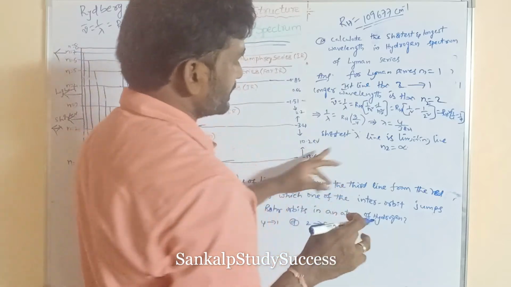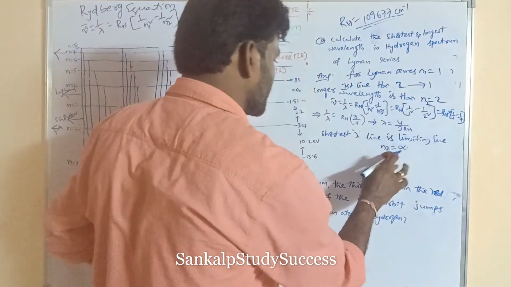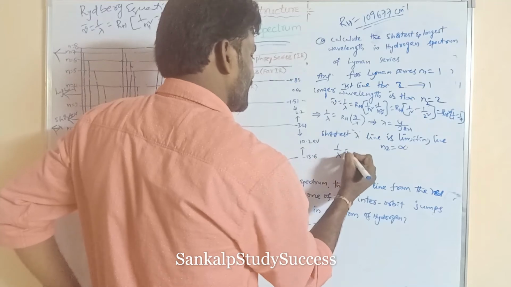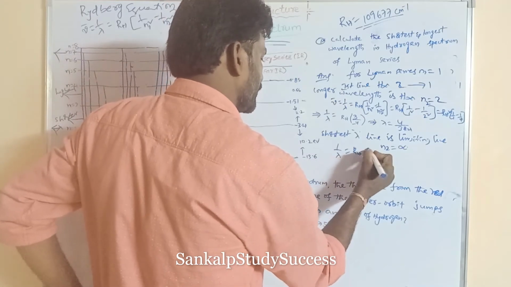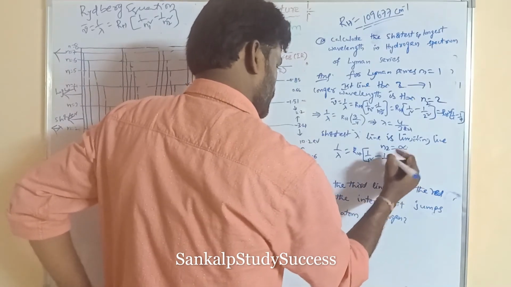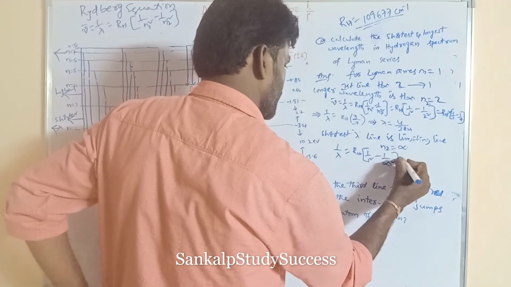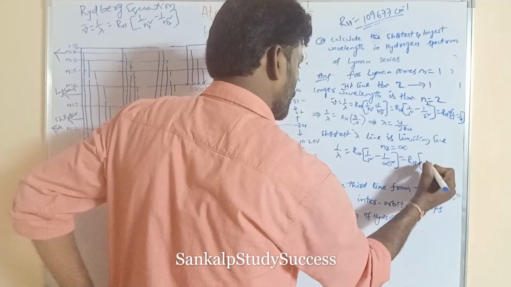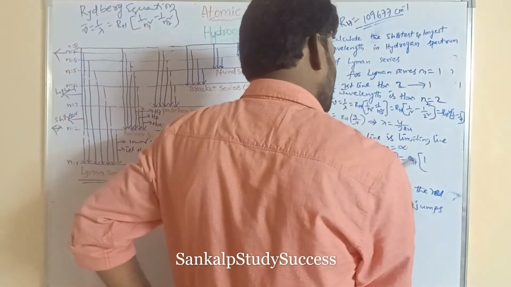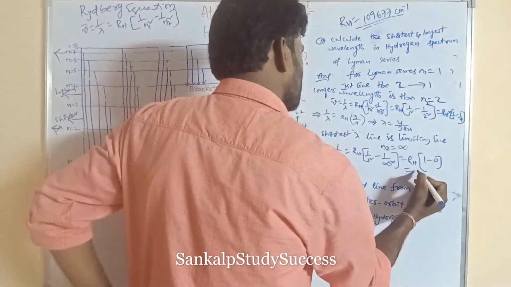Now, the shortest wavelength line is a limiting line. Its N2 value can be taken as infinity. So therefore 1 by lambda is equal to RH into (1 by N1 squared minus 1 by N2 squared). N1 is 1, N2 is infinity. 1 by infinity squared means 1 by infinity, which is equal to 0.